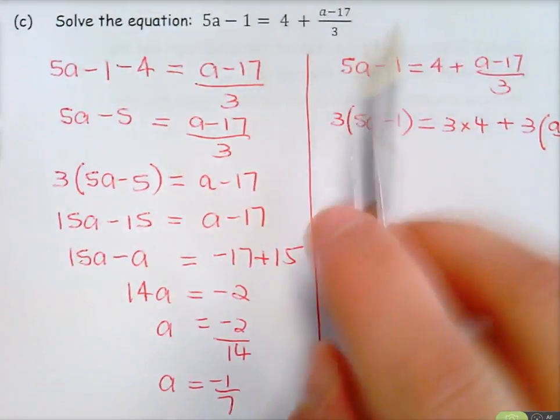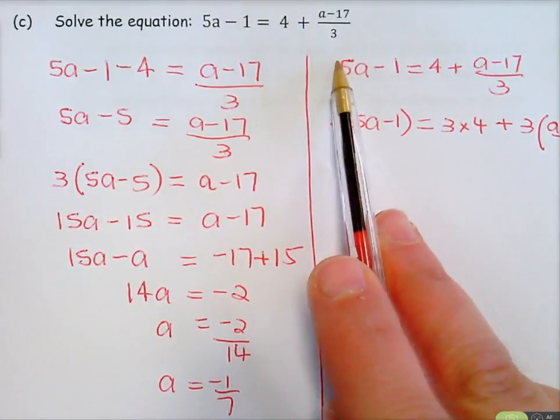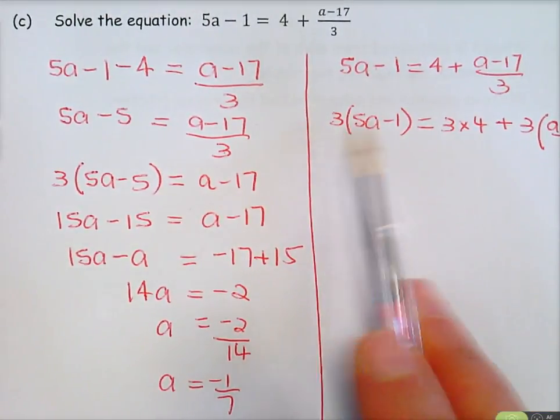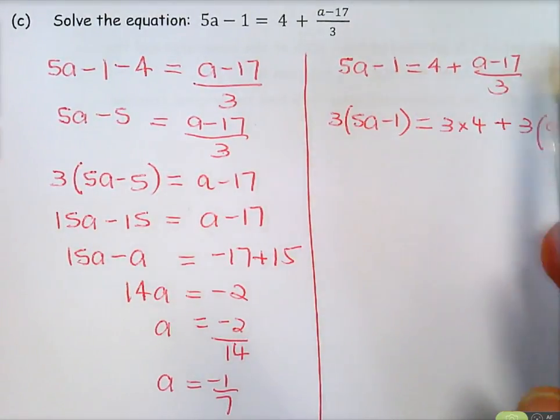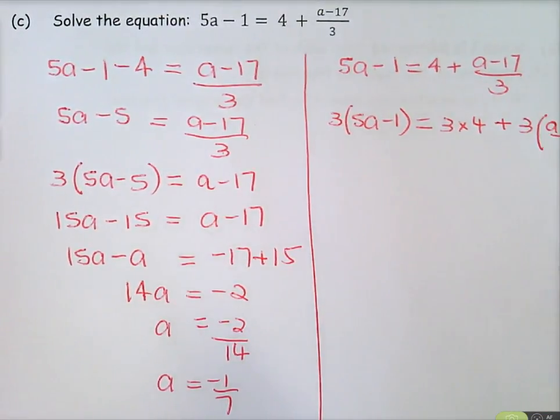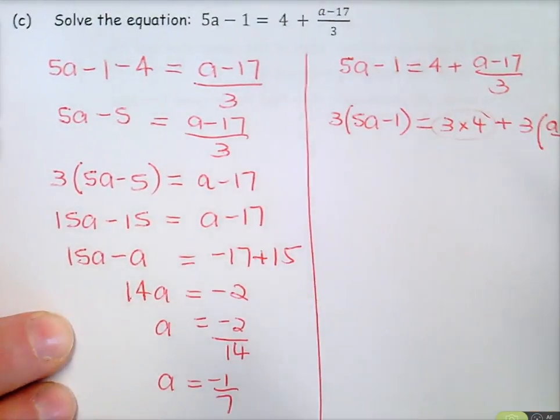So multiplying, you can do these individually. Multiply that by 3 and that by 3. I've done that by just going 3 bracket, multiplying this by 3 and multiplying that by 3. Or you're probably best off just going 3 bracket left-hand side equals 3 bracket right-hand side. So a lot of people forgot to do this 3 times 4.